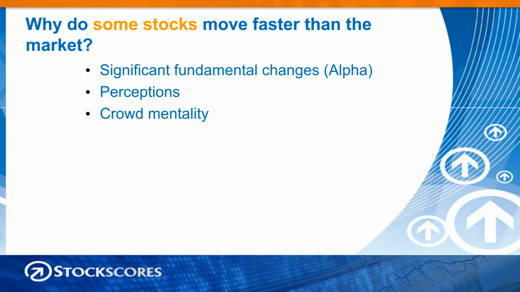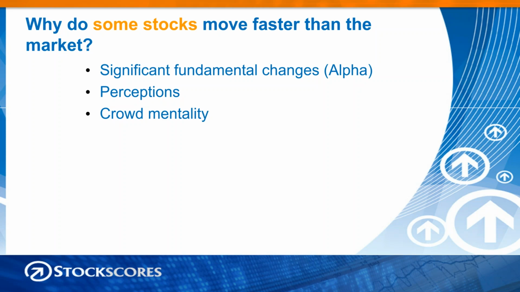They are moving on their own story, and they can move quicker because they have dramatically improving business fundamentals. So if a gold miner discovers gold one day in one of their projects, you would expect that stock would move very quickly relative to other gold stocks, and certainly relative to other stocks in general, because they have just found some information that dramatically improves their ability to make money in the future.